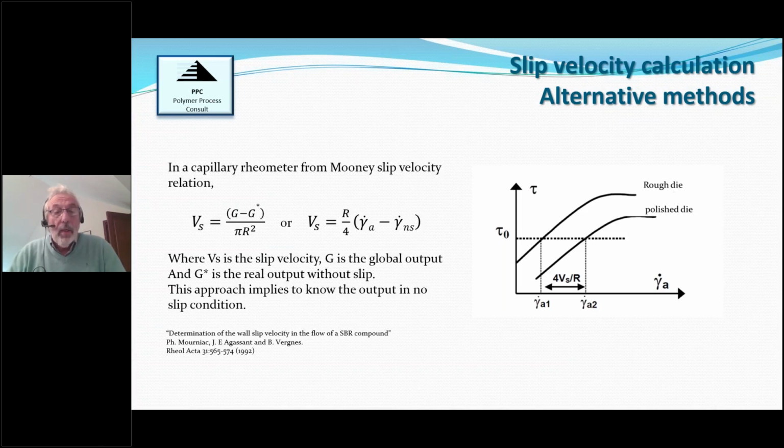But of course, in that case, you need to know that output, and the slip velocity is therefore the shape factor multiplied by the difference in shear rate, apparent and no slip. Of course, you need to know that, and this is an illustration of this analysis. Of course, you need to measure that at constant stress.